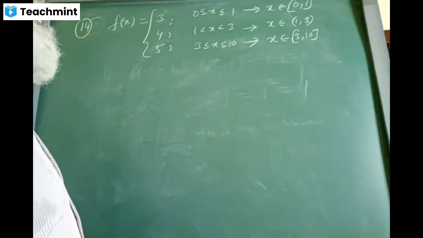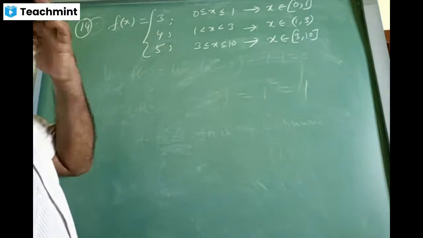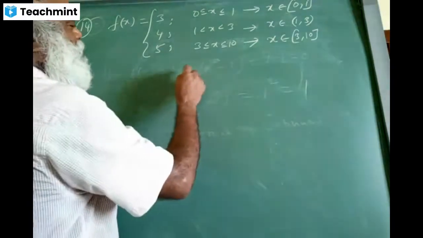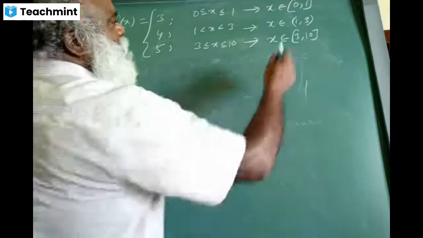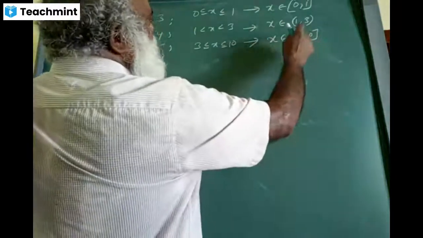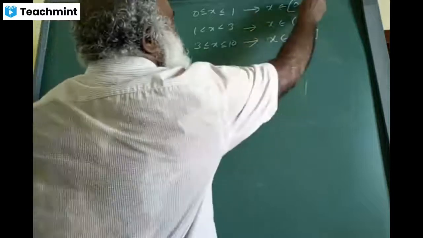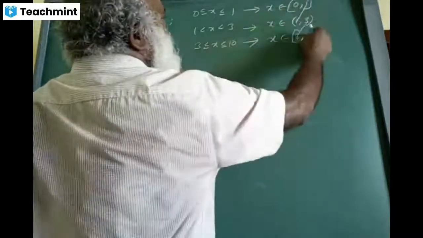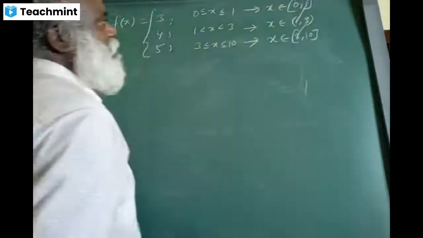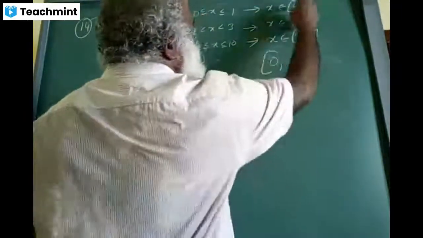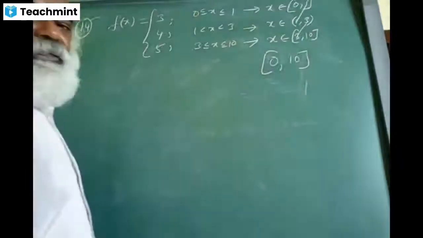We can discuss at 0 and at 10 also, but there is one rule for discussing. 3 is common here, 1 is common here. The issue comes for only 0 and 10. The total interval is 0 to 10, starting with 0 and ending with 10.